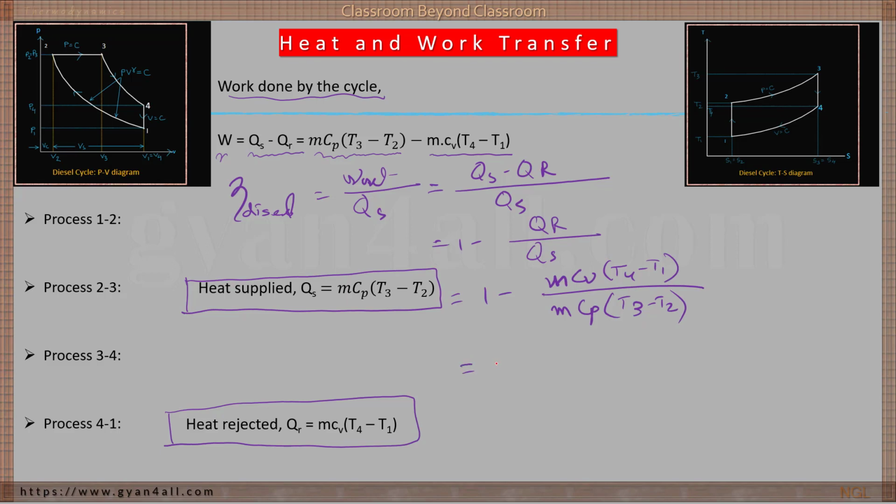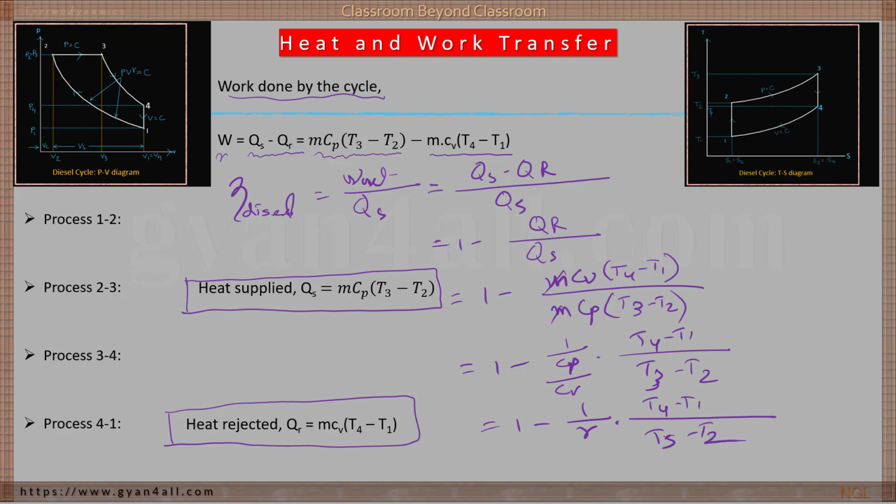So this is equal to 1 minus, m cancelled, 1 divided by Cp by CV, into (T4 minus T1) divided by (T3 minus T2), and that is equal to 1 minus 1 by gamma into (T4 minus T1) divided by (T3 minus T2).